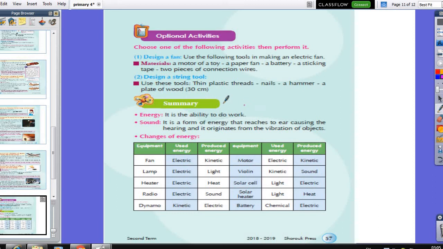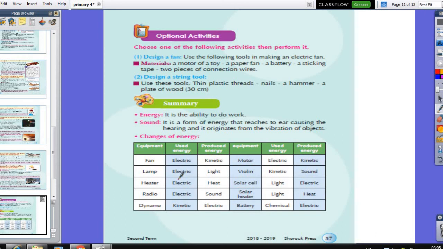Before I go, I want to mention some very important changes of energy, and you must memorize them. When I talk about a fan, the energy used is electric, and the energy produced is kinetic. Lamp, from electric to light.